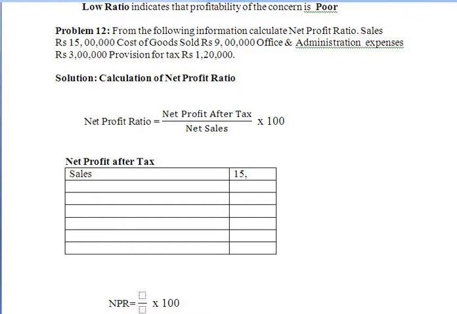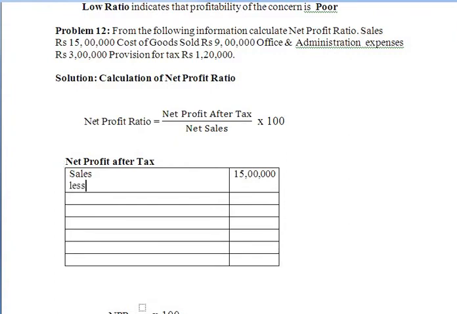Less cost of goods sold. What is the amount of cost of goods sold? It is 9 lakh. So write here 9 lakh.